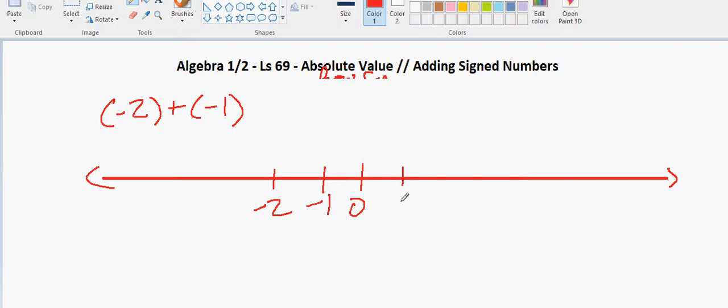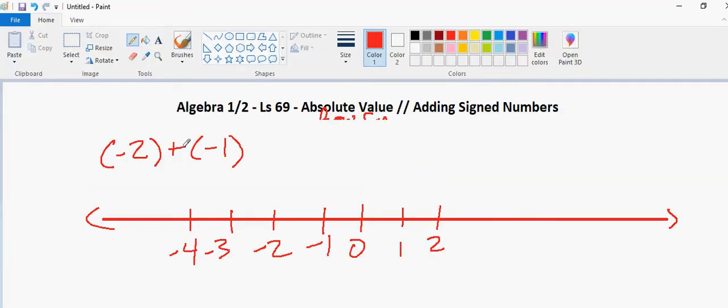So we'll want to show the positives at least up to 2, and maybe even go back further because we've got all opposite numbers right now. All right, and then we show negative 2.